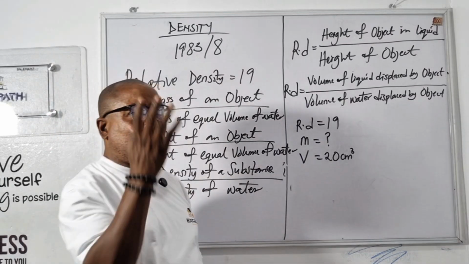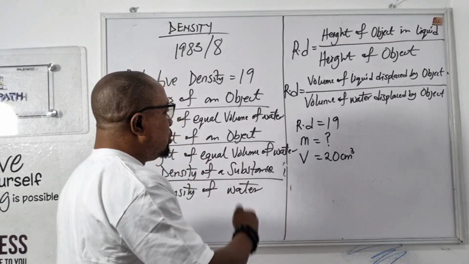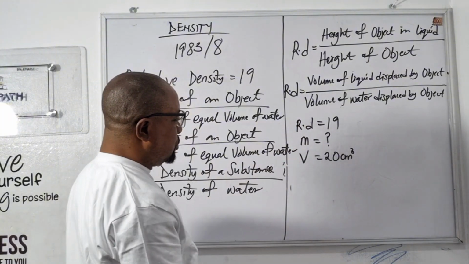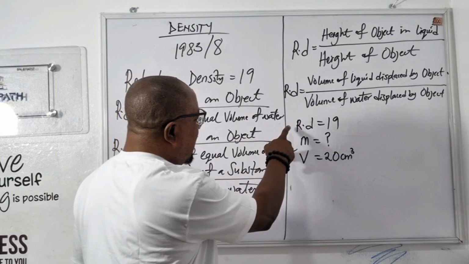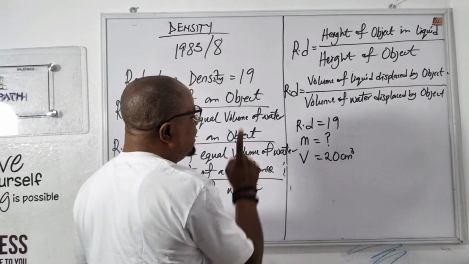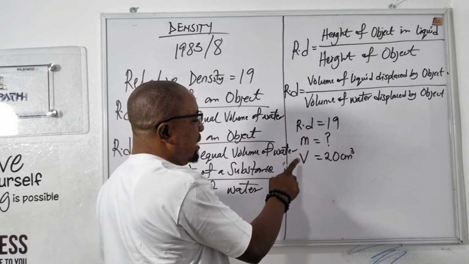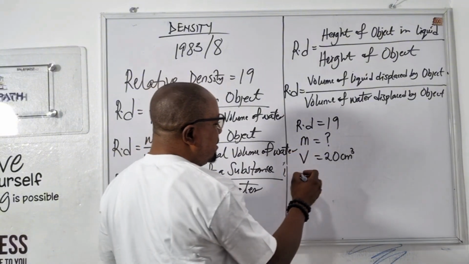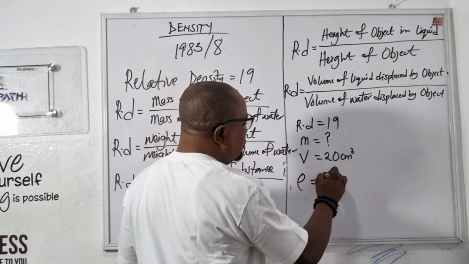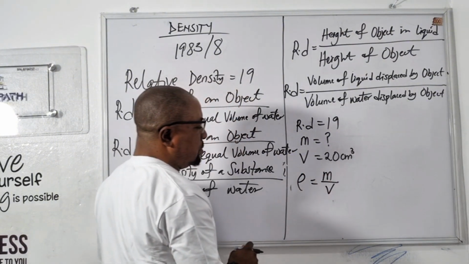This is how you interpret physics questions. You look at the parameters given to you. I have mass, I have volume, I have relative density. Is there a relationship between relative density and mass and volume? No. But I have a relationship that says density is equal to mass over volume.